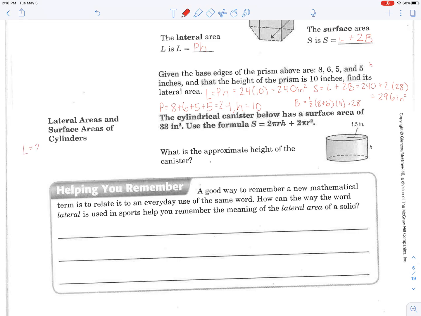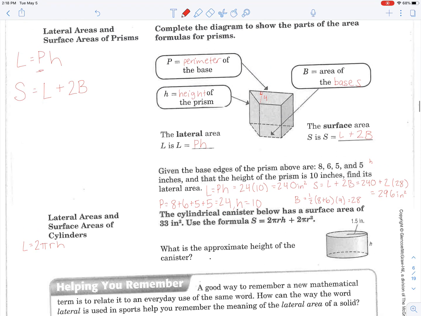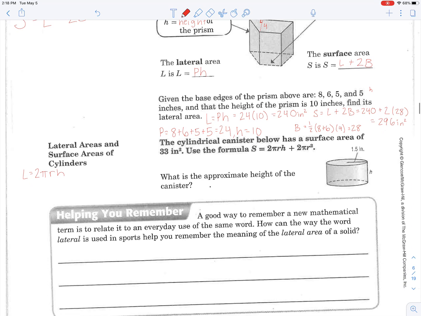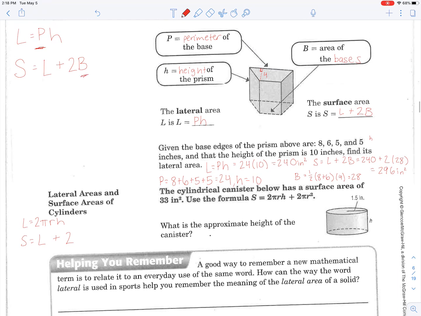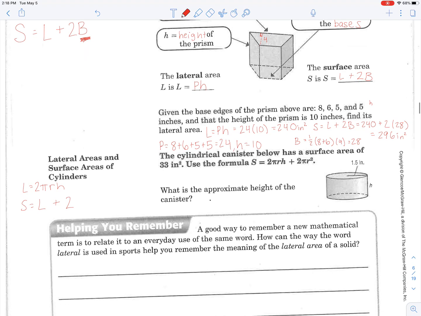The lateral area is 2 pi R times H. 2 pi R would be the perimeter of the base, just like we had up here, but my base in a cylinder never changes, so the perimeter of a circle is 2 pi R. That's the circumference. The surface area would be the lateral area plus 2, again, times the area of the base. But the base of a cylinder never changes, it's always a circle. So I can plug in pi R squared.